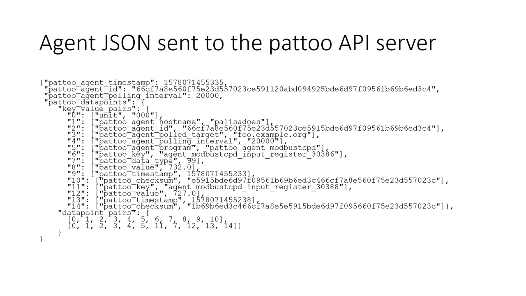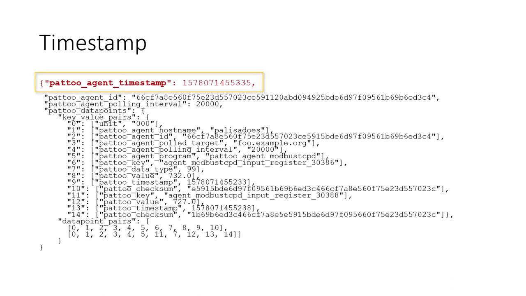Now, this may look like a large amount of information to process, but we're going to go through it step by step so that you understand how this information is sent. Let's take a look at the very first section of the JSON. This is the agent timestamp. When the agent sends the information to the central API server, it creates a timestamp and inserts that into the JSON data that is sent.